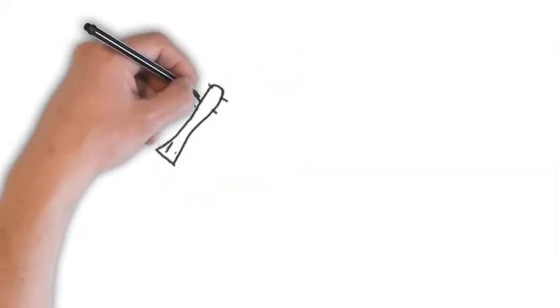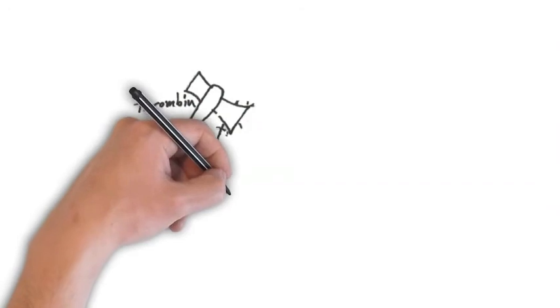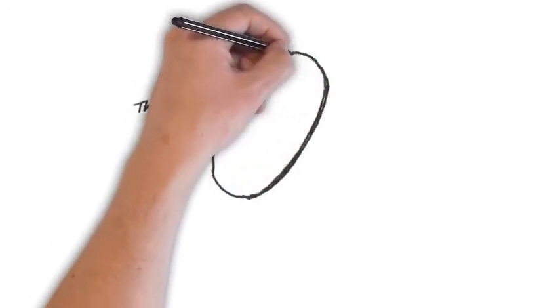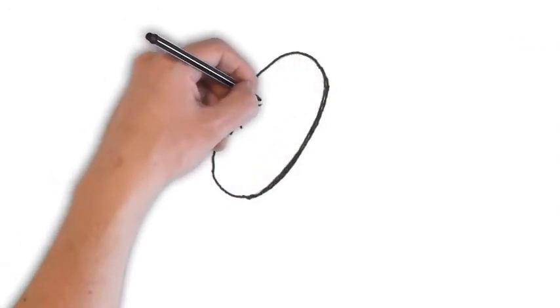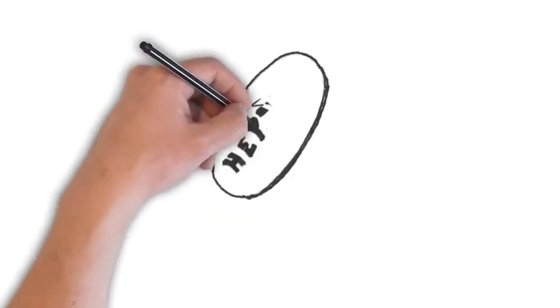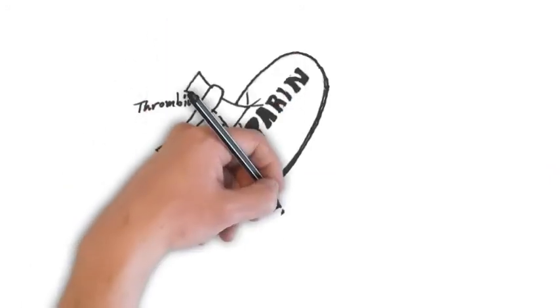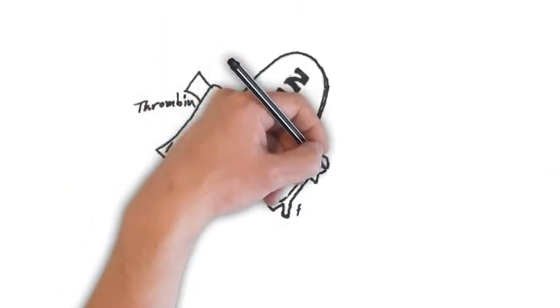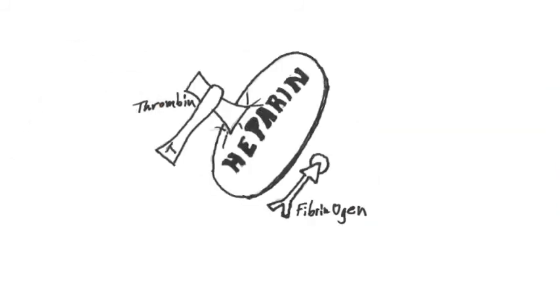So heparin acts like a shield, and it stops thrombin from getting to the fibrinogen. So the fibrinogen isn't converted to fibrin. So heparin slows the conversion of a weak platelet plug into a strong clot by impeding thrombin's action on fibrinogen.